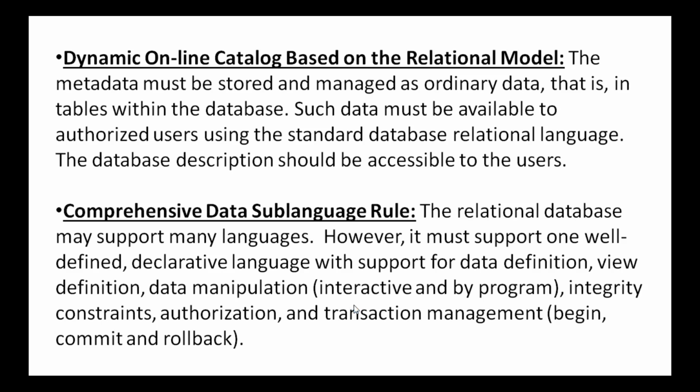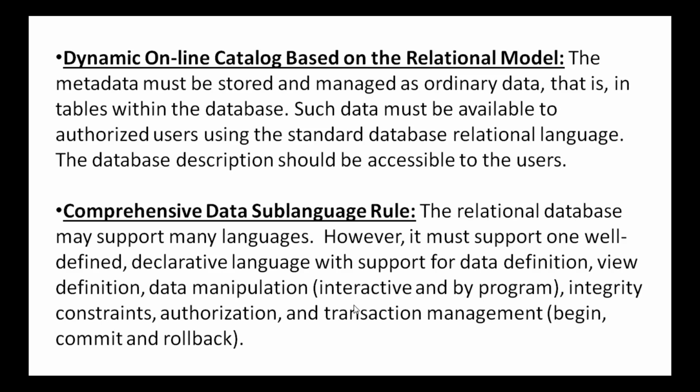Coming to the next rule, dynamic online catalog based on the relational model. Already we know that in a database, along with the data, we maintain metadata. What is metadata? Metadata is nothing but data about data, and it is also known as the data dictionary.